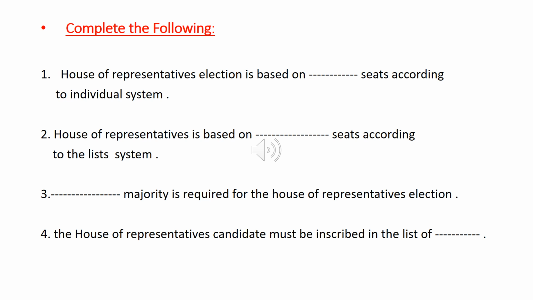To be a candidate in the House of Representatives or the Parliament, your name must be inscribed in the list of voters, meaning that you have the right to vote. You are enjoying your civil and your political rights, so you can be a candidate.